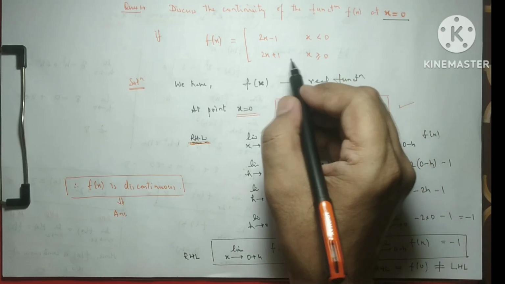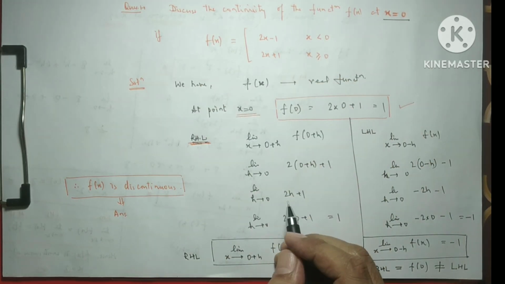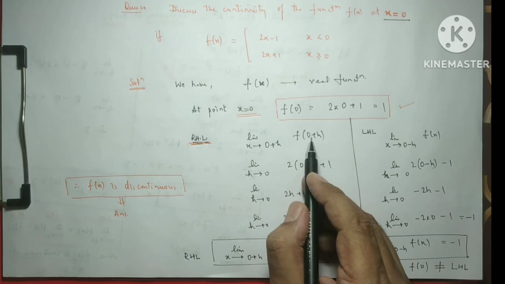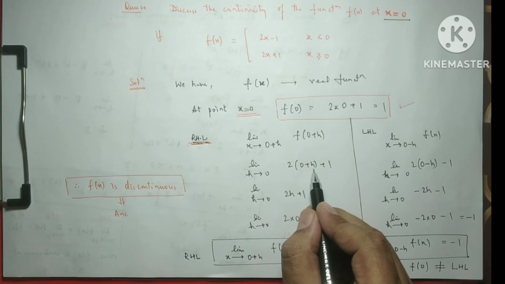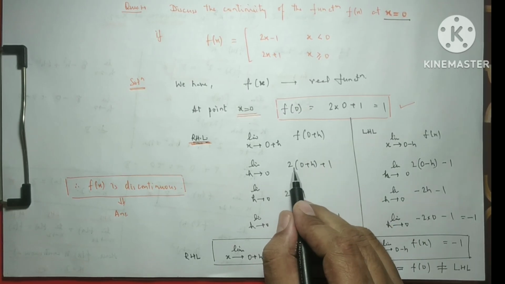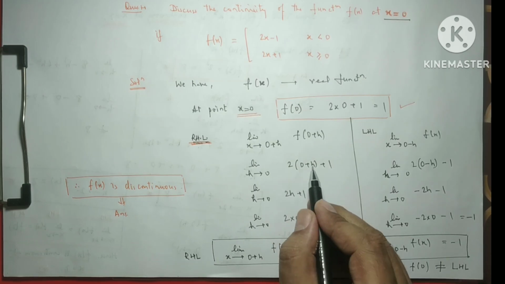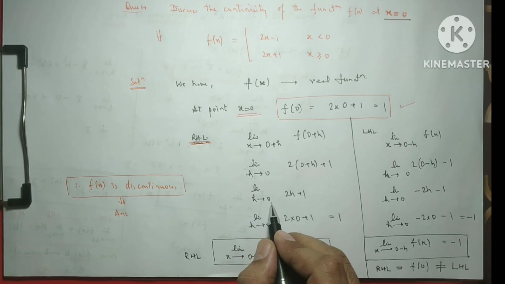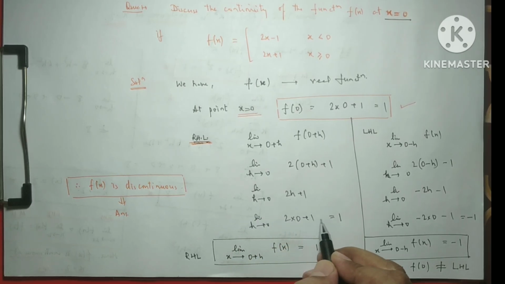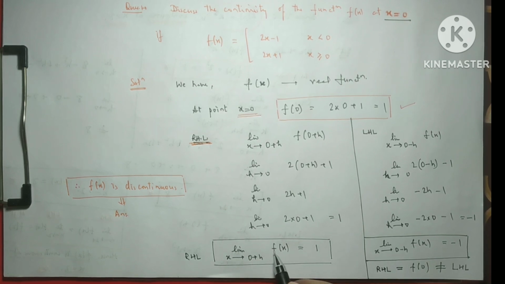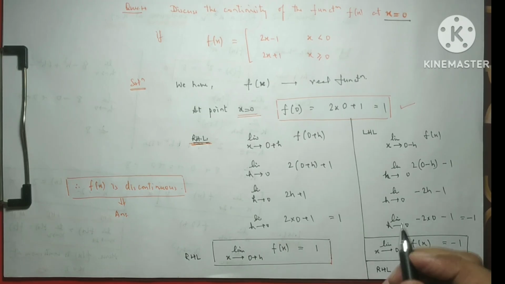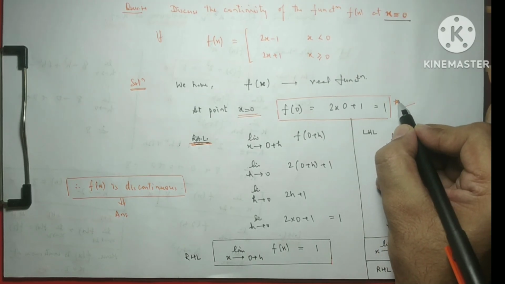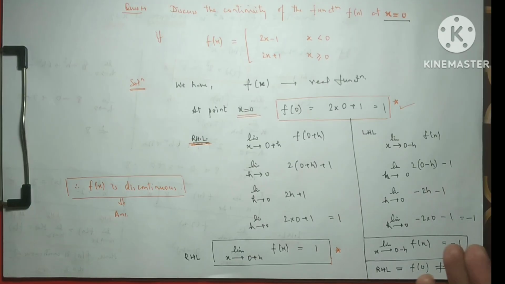For positive values the definition of the function is 2x plus 1, so it is twice the value in the bracket plus 1. So 2 into 0 is 0 and 2 into h is 2h, plus 1. When we place limit h tends to 0 here, 2 into 0 plus 1, we get 1. So the right hand limit of the function at 0 plus h is 1.